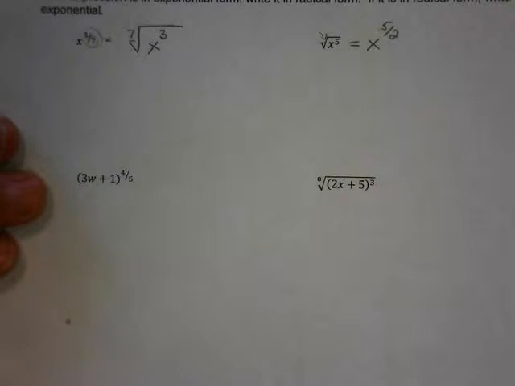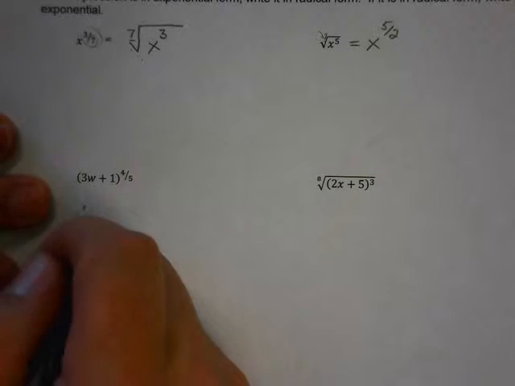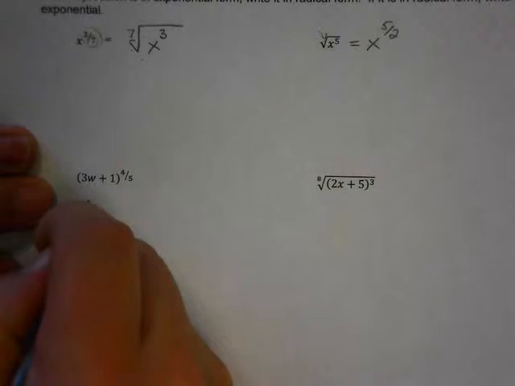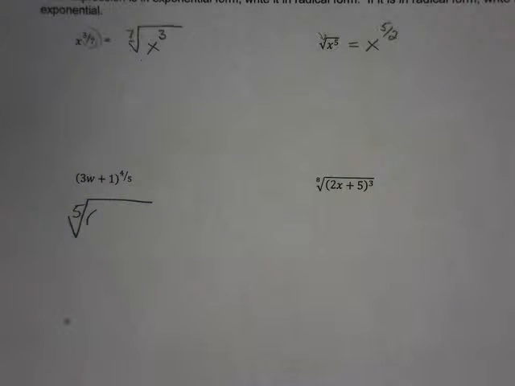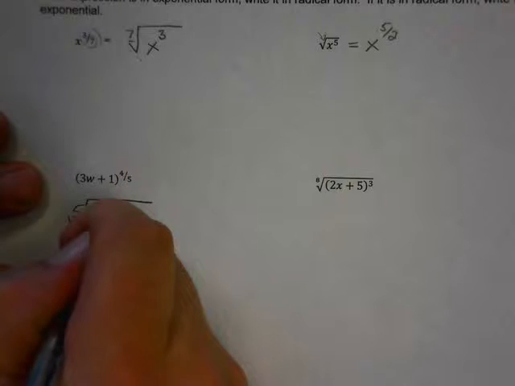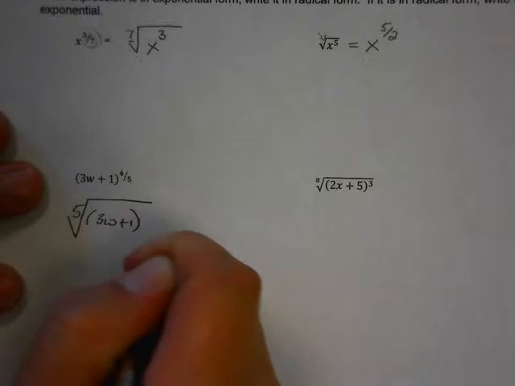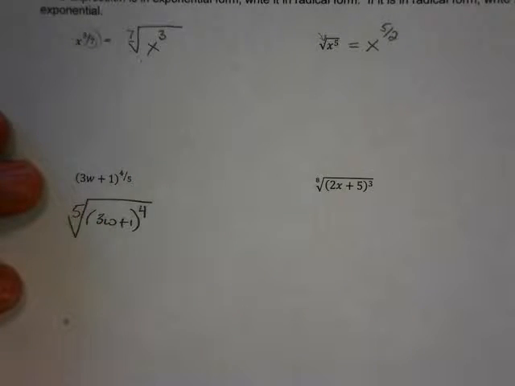How about 3w plus 1 to the 4/5? Say it louder. The 5th root of what? 3w plus 1 to the 4th.